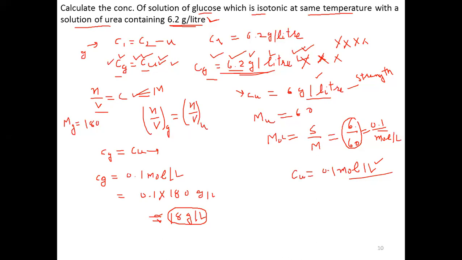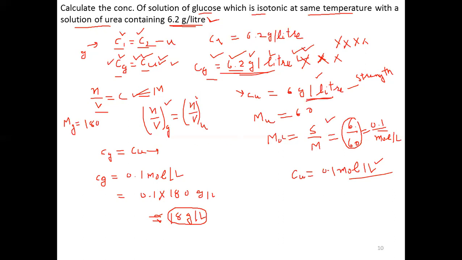to make you understand that this relation, that concentration of 1 is equal to concentration of 2, holds good when we take the concentration in which units? Number of moles per liter. Only then we can equate these two concentrations. If these are not given in number of moles per liter, then first we have to convert it into number of moles per liter like we did here.